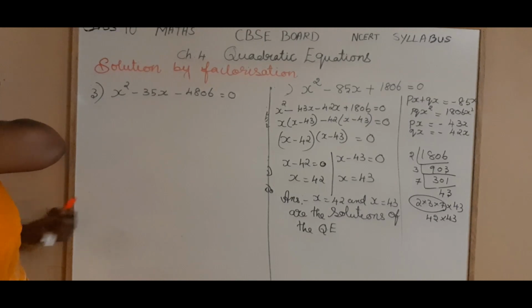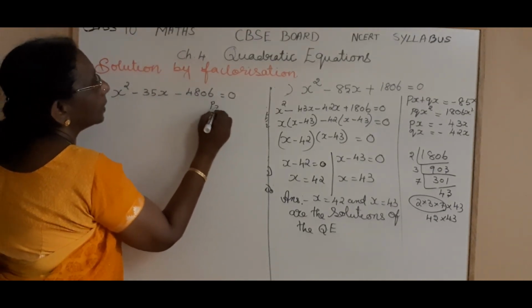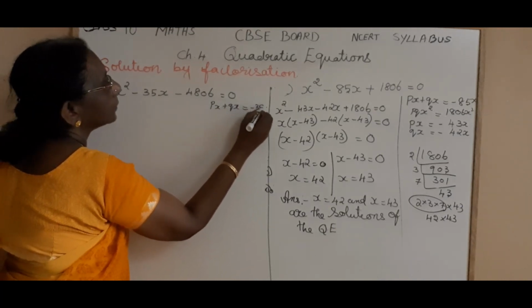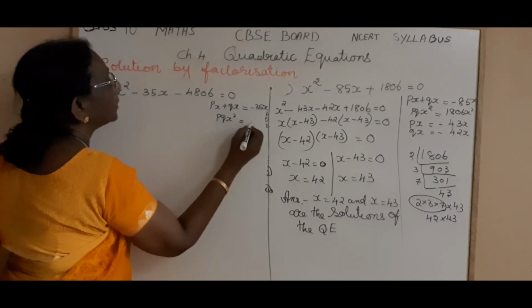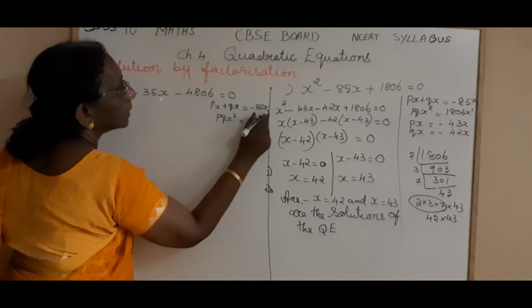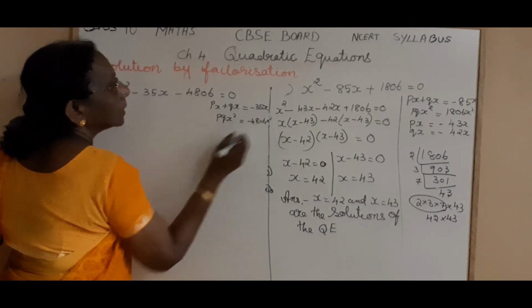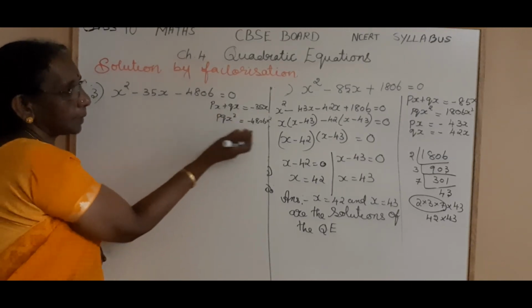So here the product is negative. px plus qx is equal to minus 35x and pq x square is equal to minus 4806 x square. Children, these steps, if you want, you can write this px, qx and all.